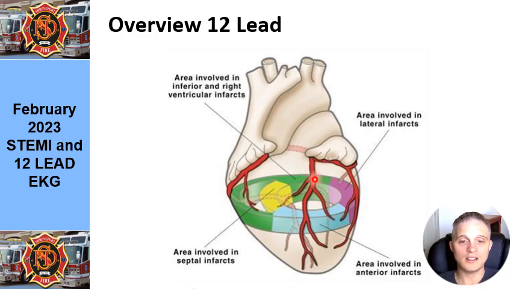Now, the left anterior descending, as well as your left circumflex branch: you'll see over here the purple is involved in the lateral infarcts, and this is going to be supplied by the left circumflex. But in your anterior septal, you'll see here your LAD is coming down in your marginal branch. So it's very important to understand not only what you're looking at, but where you're having the problem.